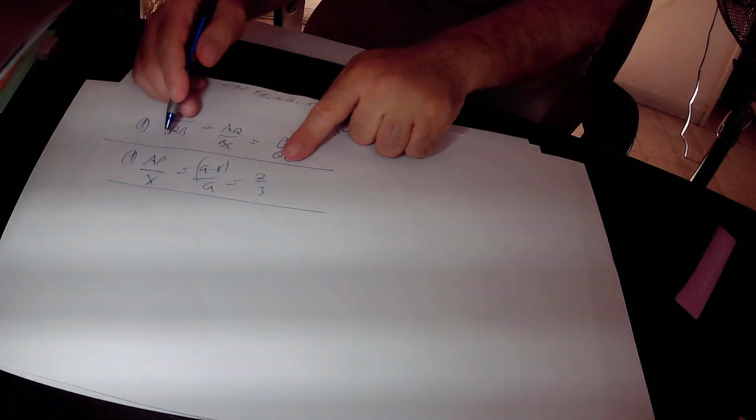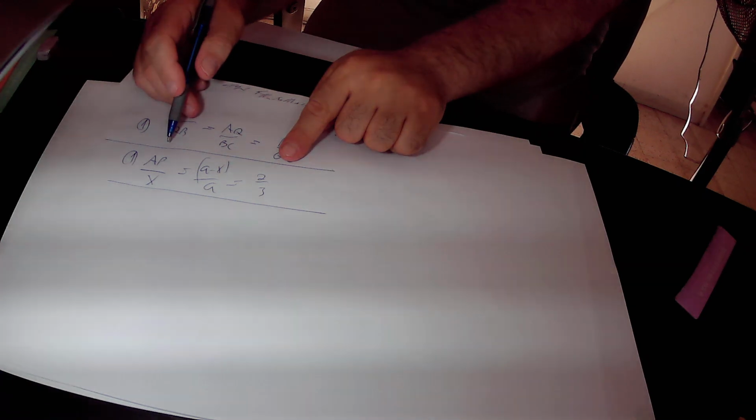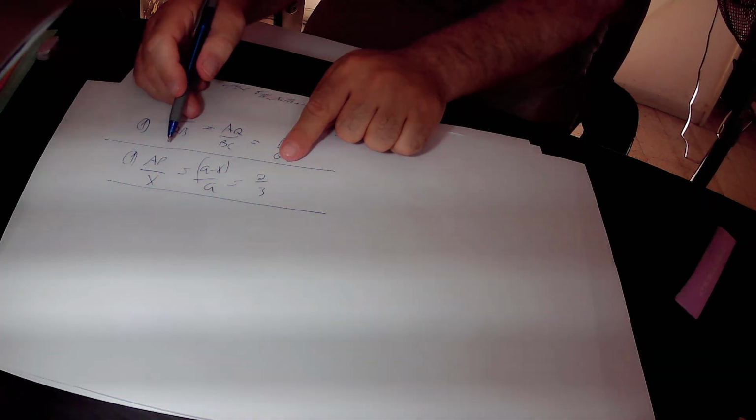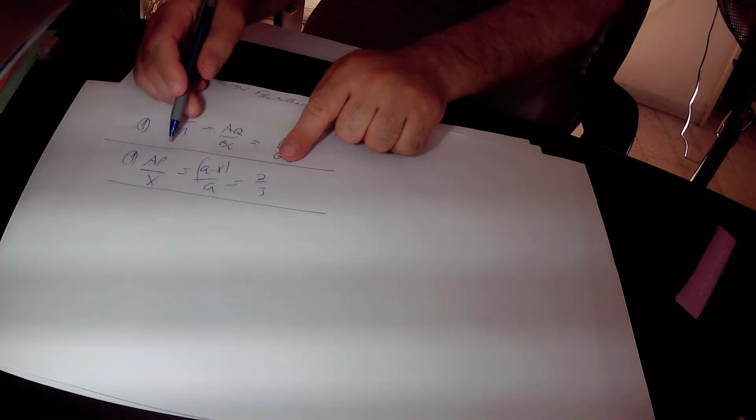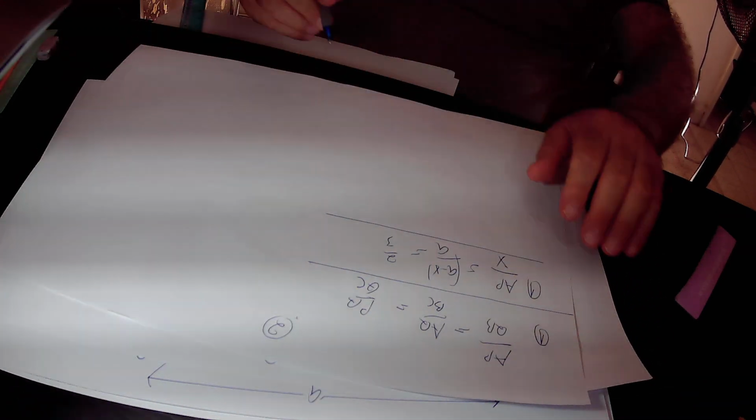So actually, those two expressions are equal to each other, therefore we get equation 1 from those two expressions that are equal to each other. So AP over x equals 2/3. So that's equation 1.